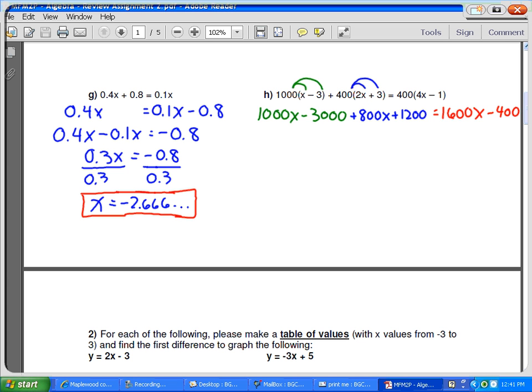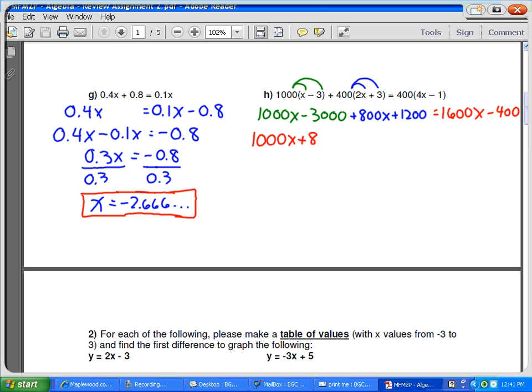If you want to bring the x's together, you can do that, or if you want to bring the numbers together, you can do that. Any suggestions? Yeah, Fred? 1600x minus 400. Okay, let's maybe just do this a little different way.